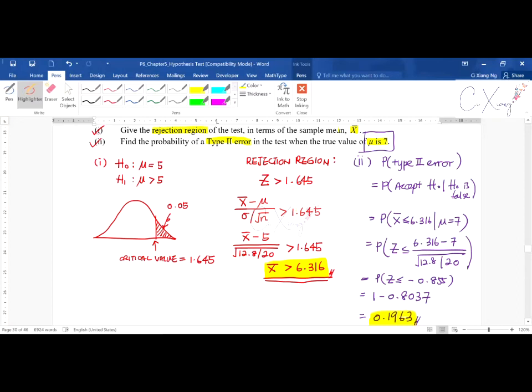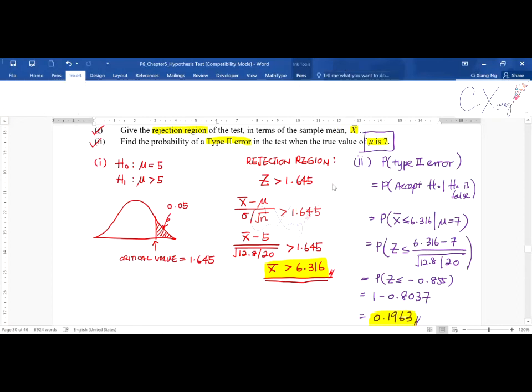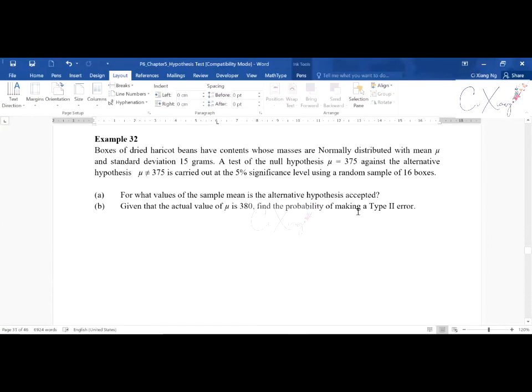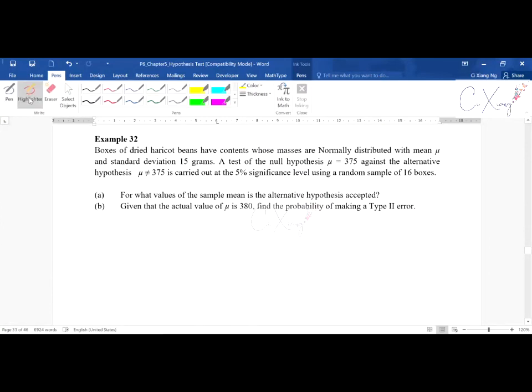Okay. All right. So let us continue to have a look at example 32. A box of dried haricot beans has contents whose mass is normally distributed.